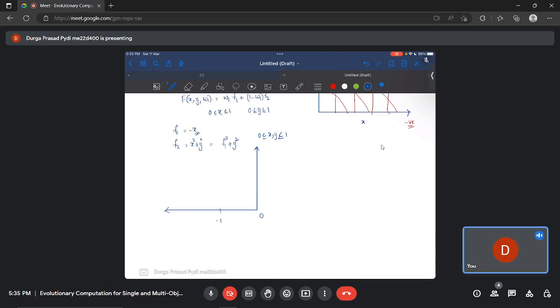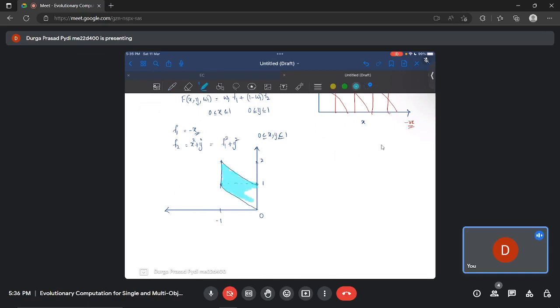And the values for f2 are essentially f1 square plus y square, so it will be a parabola with a value of 1, and the maximum value of it will be 2.